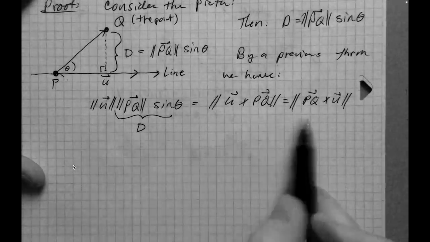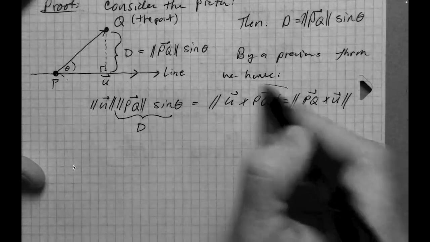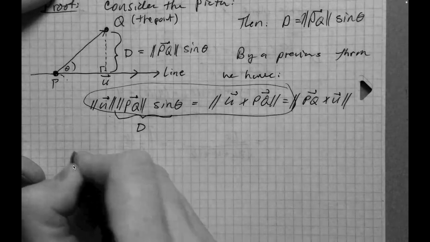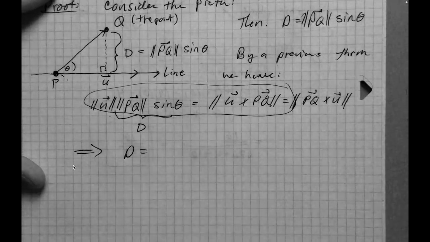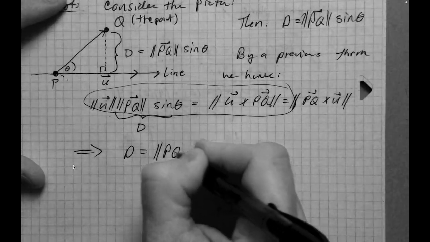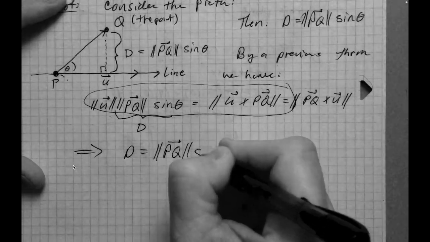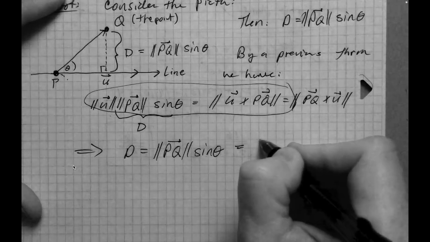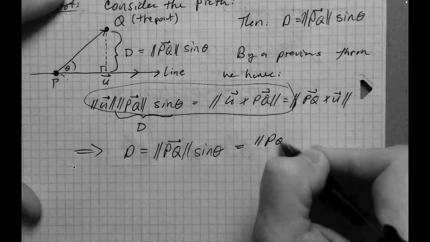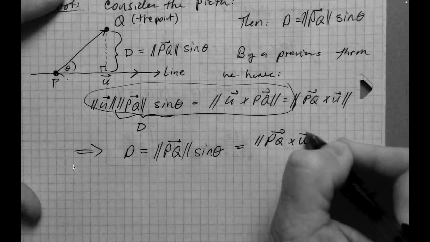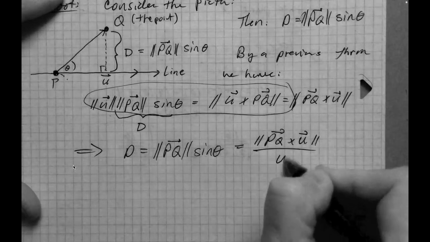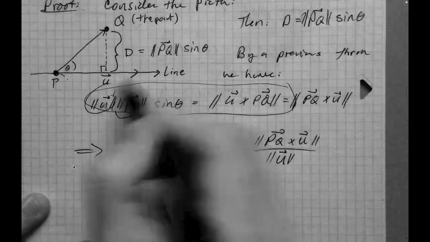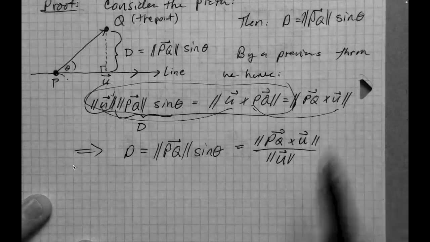Okay, so this is a theorem that we saw earlier, right? We saw this piece here in particular earlier. This part of it is just D, so that implies that D is equal to the norm of PQ times sine of theta, which we saw in the picture, and that's equal to the norm of PQ cross U divided by the norm of U. Okay, just kind of taking this piece here and dividing it down.